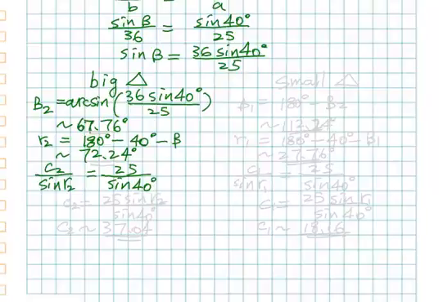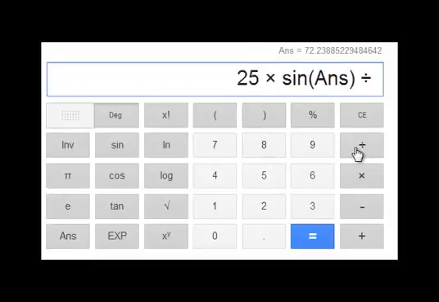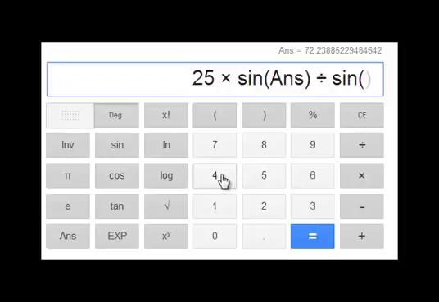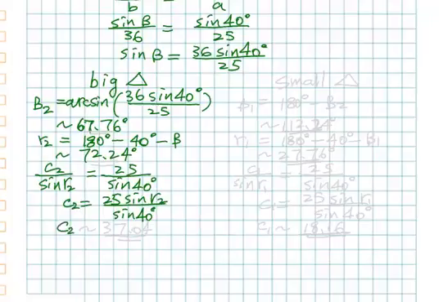Using cross multiplication, we have C sub 2 equals 25 sine of gamma sub 2 over sine of 40 degrees. 25 times sine, the ANS button, close the parentheses, divided by sine of 40 degrees, close the parentheses, equals. C sub 2 is approximately 37.04.